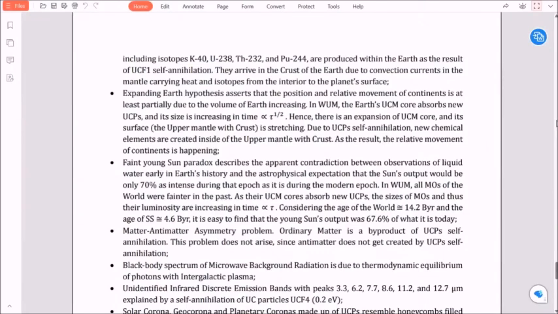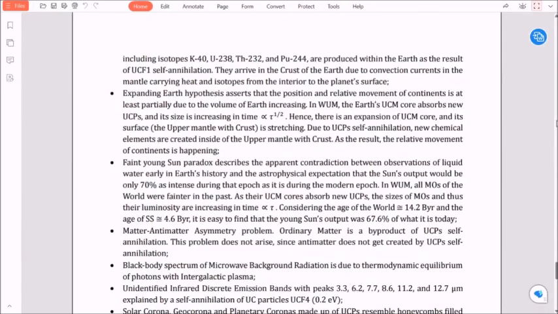Expanding Earth's hypothesis asserts that the position and relative movement of continents is at least partially due to the warmth of Earth increasing. In WUM, the Earth UC matter core absorbs new UC particles, and its size is increasing in time proportional to the square root of tau.